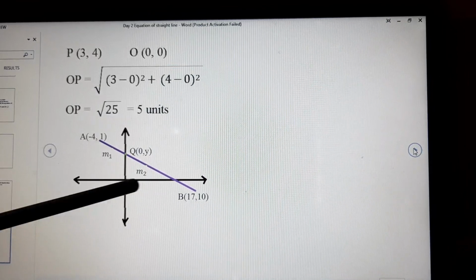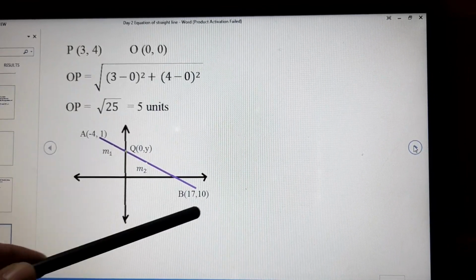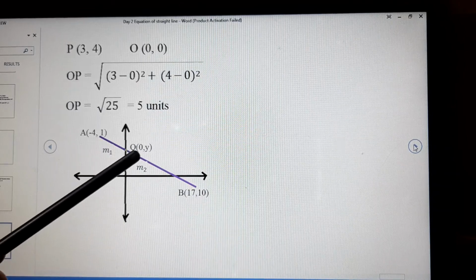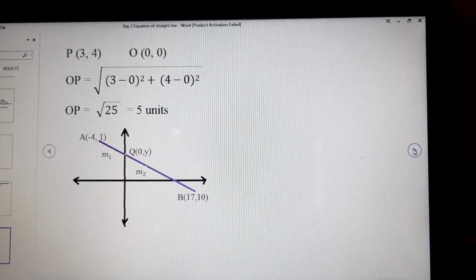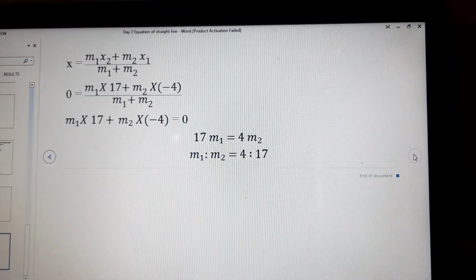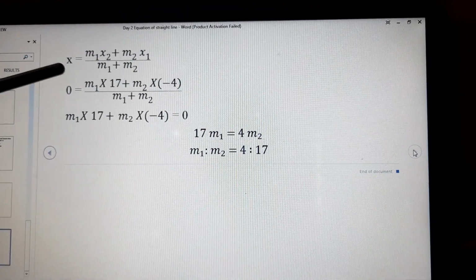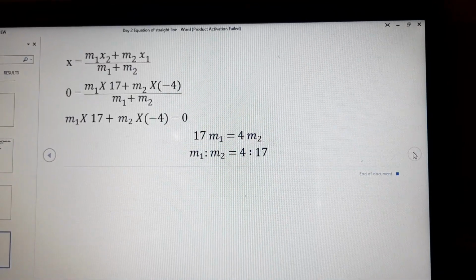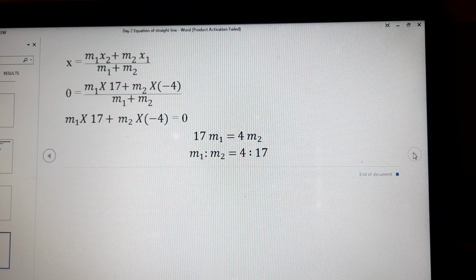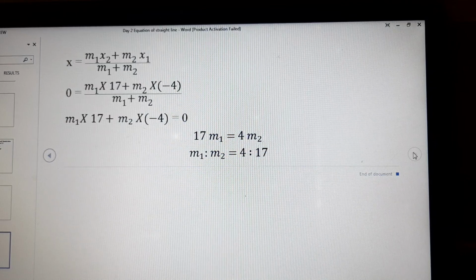m1, m2 we have to find out. This is x1, y1. This is x2, y2. This is x; x is 0. y is unknown, but we will use x to calculate m1 is to m2. So in the formula we will calculate only x; we need not calculate y. x is equal to m1 x2 plus m2 x1 divided by m1 plus m2.